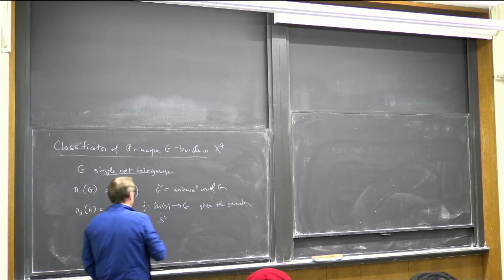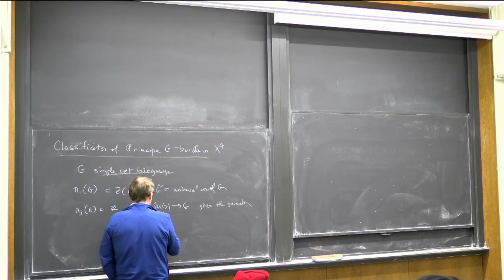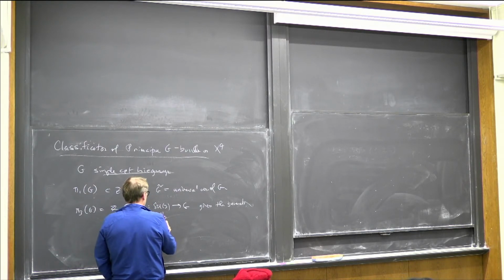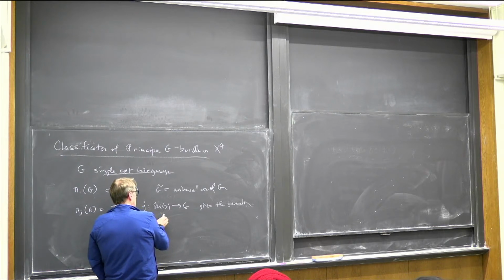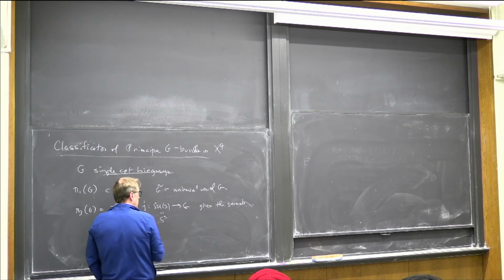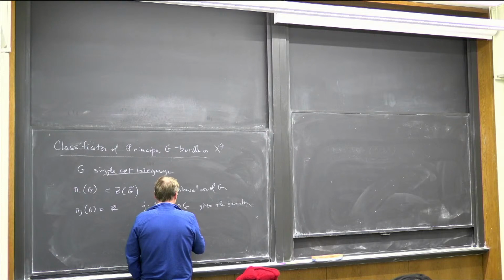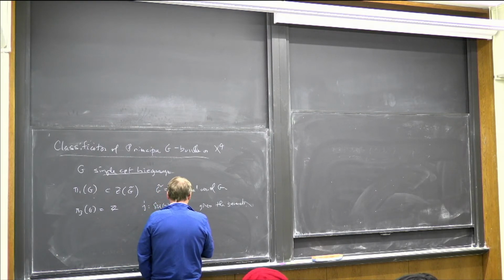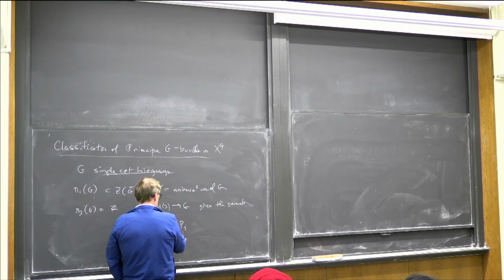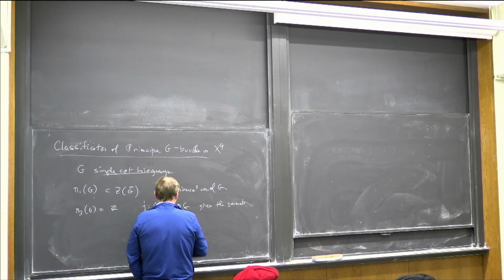And when I say the generator, what do I mean? Well, I can think of this as giving me a clutching function for a bundle on the 4-sphere. So this implies a bundle, which I will call Pj for a second, over S4, where you glue using this composite map, a G bundle.